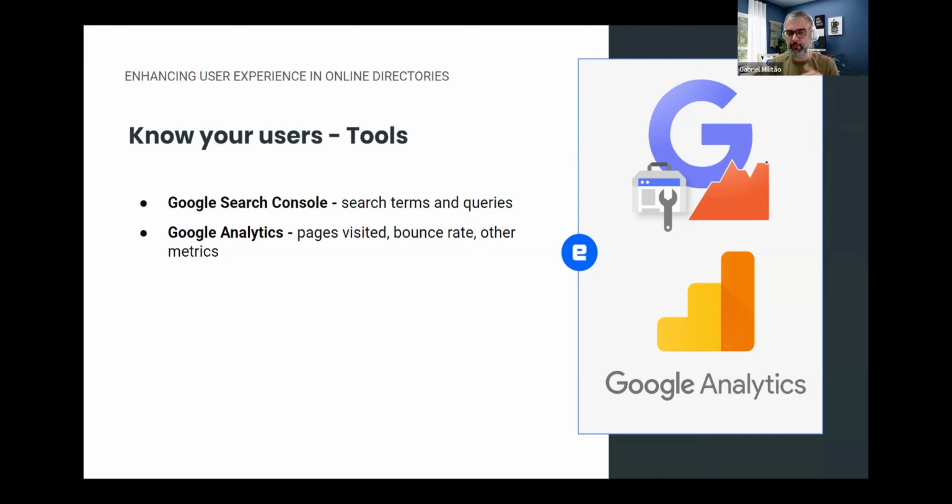That also gives you a bunch of insights, a bunch of information that you can take and then apply on your project as well. You can optimize your directory to match the user needs by understanding these patterns. And these tools are a must to have. Luckily, eDirectory is already built in, easy to plug and play with your Google accounts. So you're going to have access to all the data on what users are doing on your website.